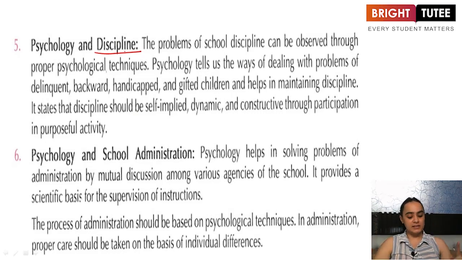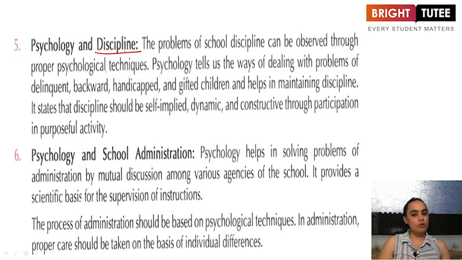All these aspects talk about the dynamic nature of the children, the different shades of the children. Now it is up to the teacher how to control those students in the most effective manner.